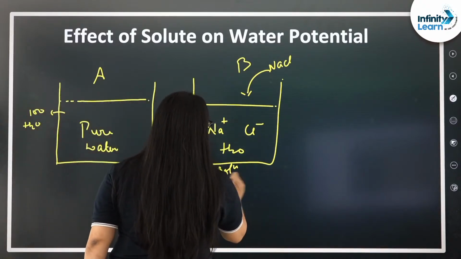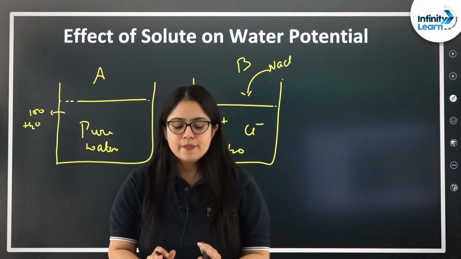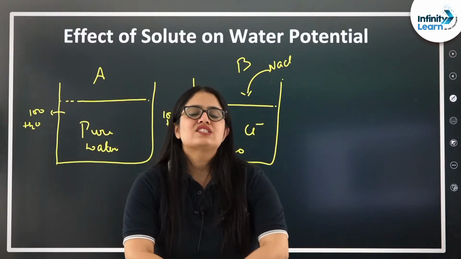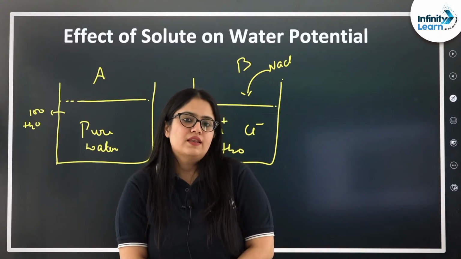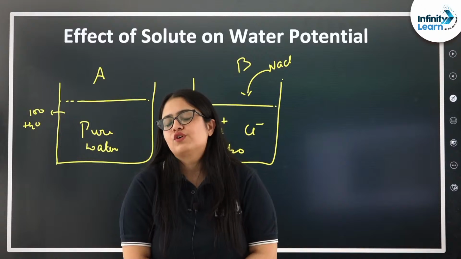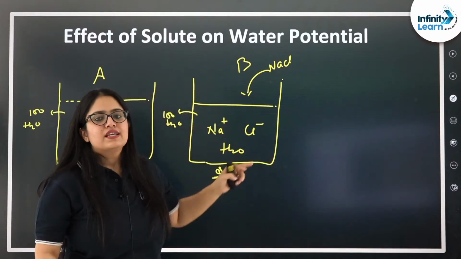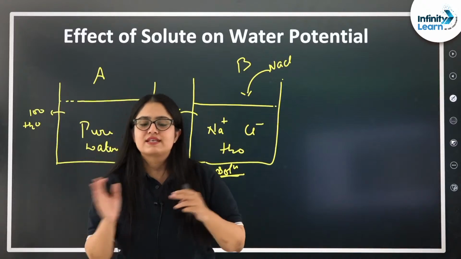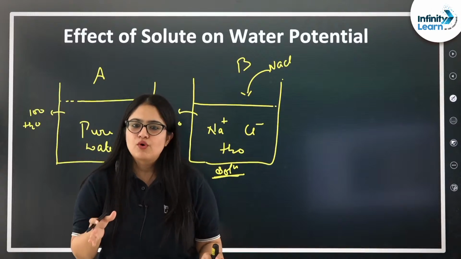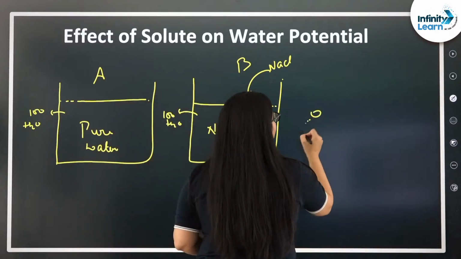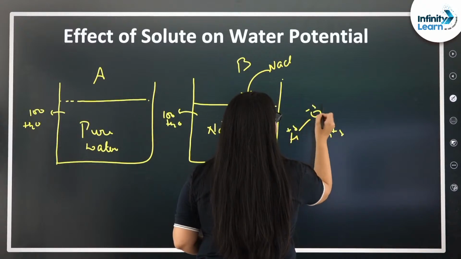So my students, from your chemistry knowledge, this should be clear that whenever you add salt in a pure solvent, what will happen? The salt, for example, NaCl, right, it will dissociate into Na plus and Cl minus, right, and the water molecules, you remember they are polar in nature. Water molecules are polar in nature, right.